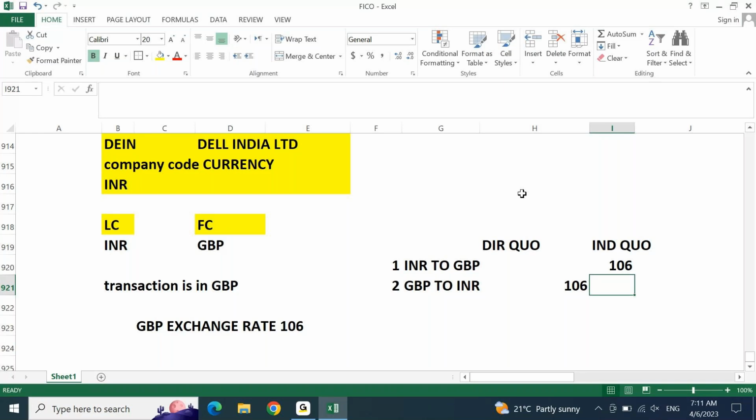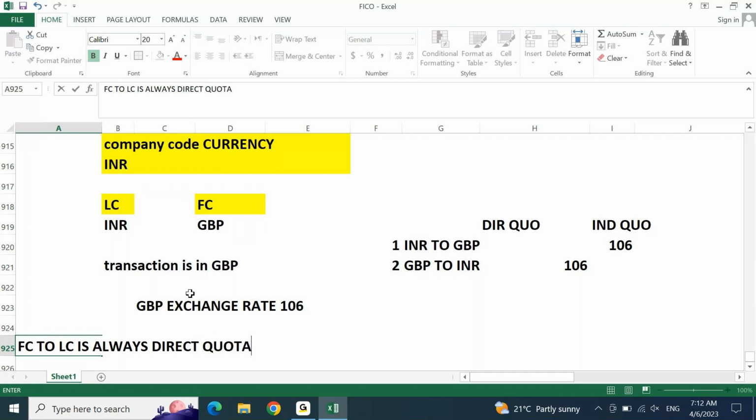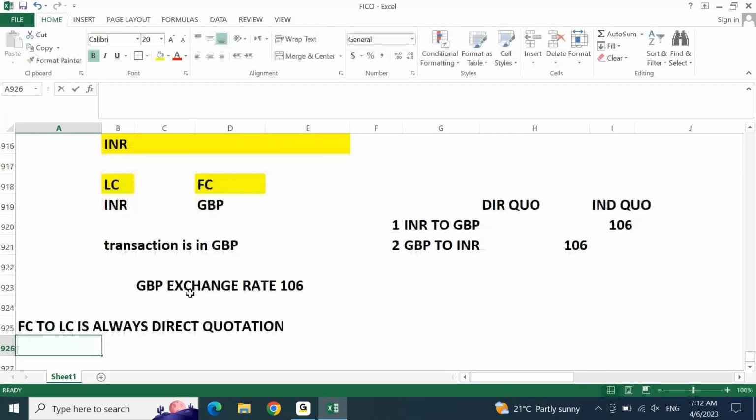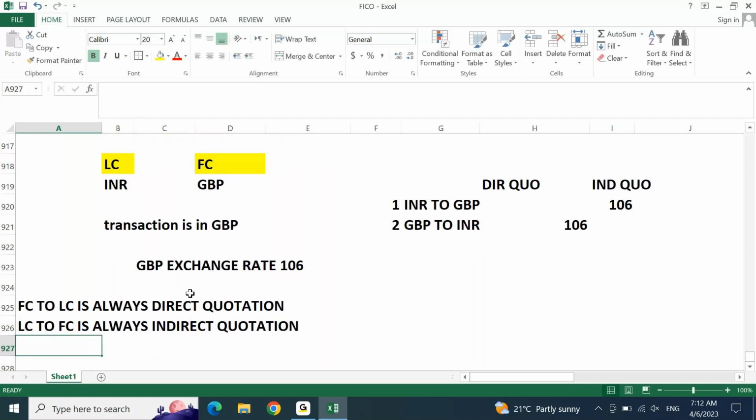But for now, keep in your mind: foreign currency to local currency is always direct quotation, and local currency to foreign currency is always indirect quotation.